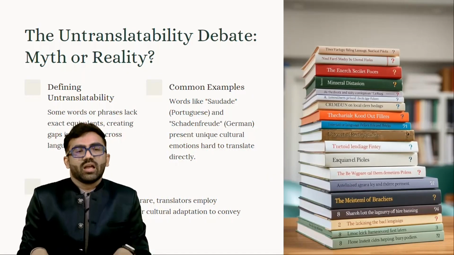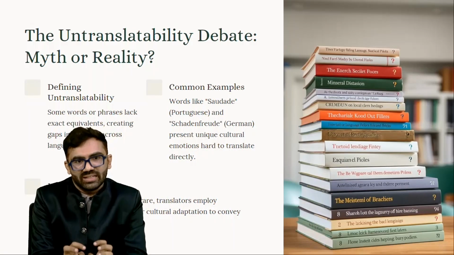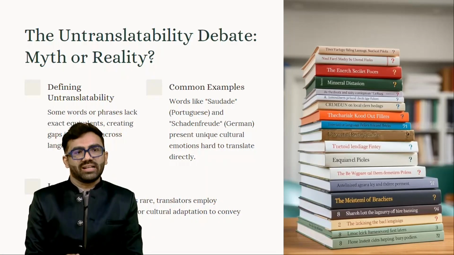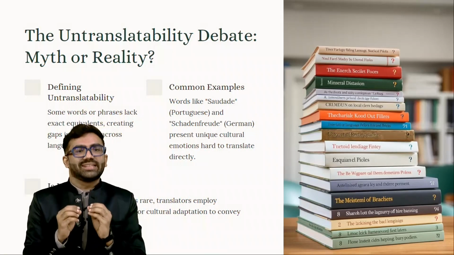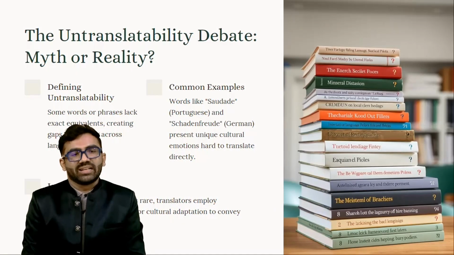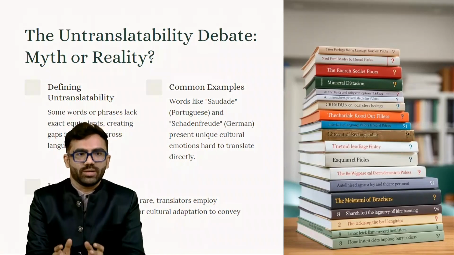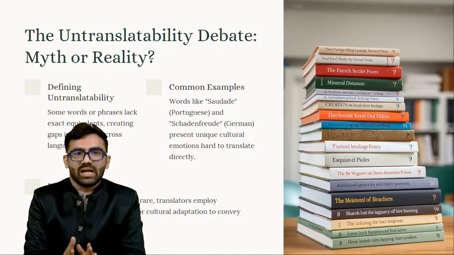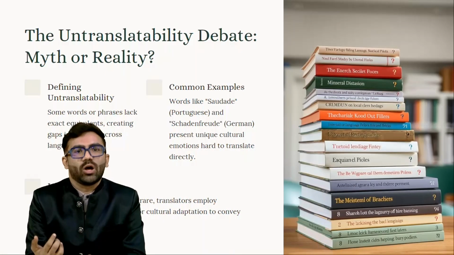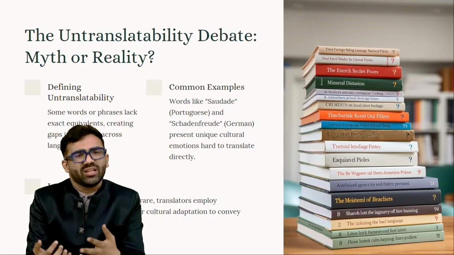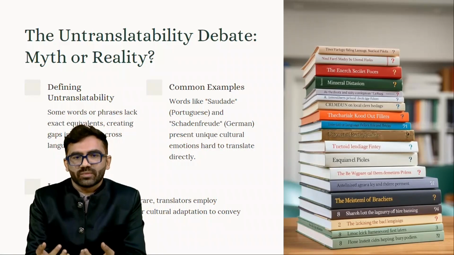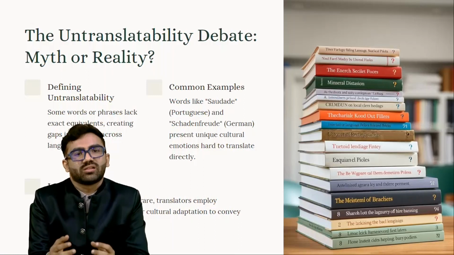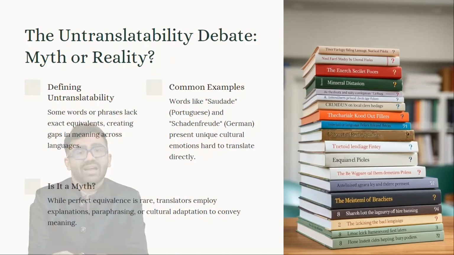If we want to define untranslatability, some words or phrases lack exact equivalence, and then it creates gaps across the languages. For example, words like Saudade, which is a Portuguese word, or any other words in other languages. Suppose take Hindi, Sanskriti. It presents unique cultural emotions which are hard to translate directly.